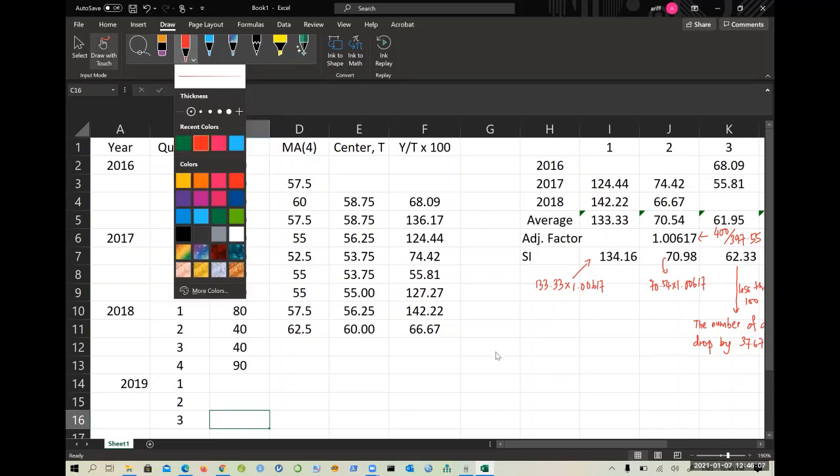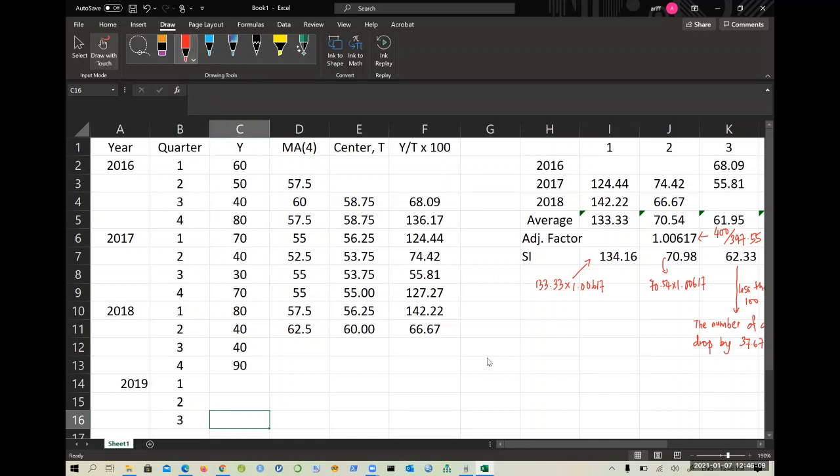Okay, step yang pertama. First step, you find the TVV. So the TVV here is given by TL minus T1 divided by N minus 1. So this is TL, the last trend value.